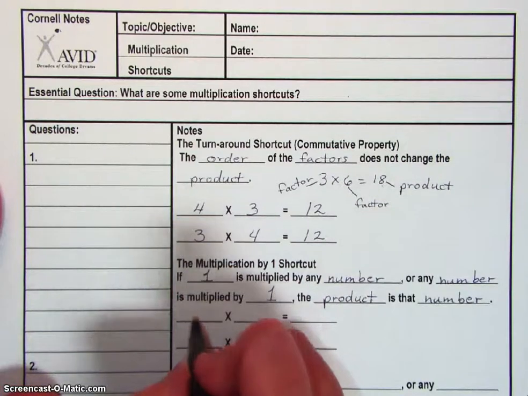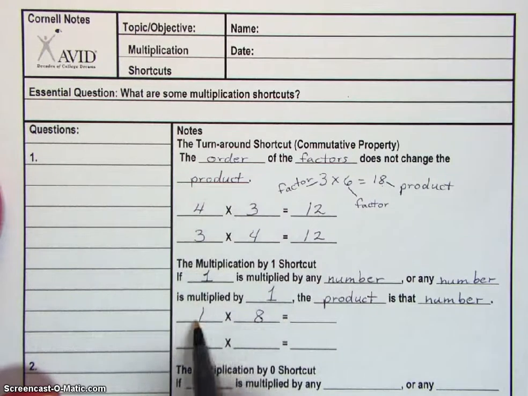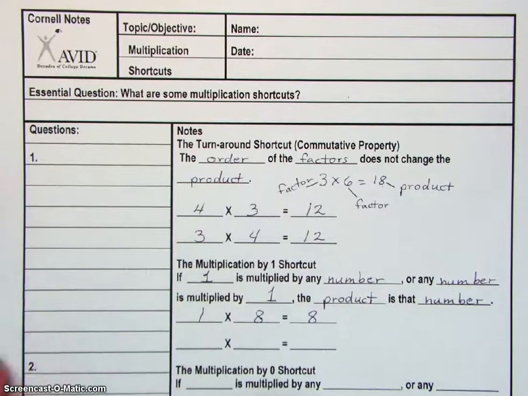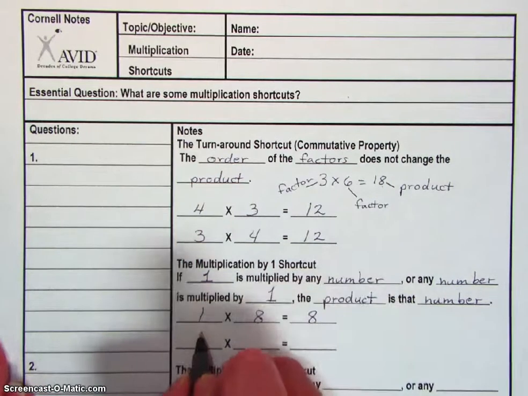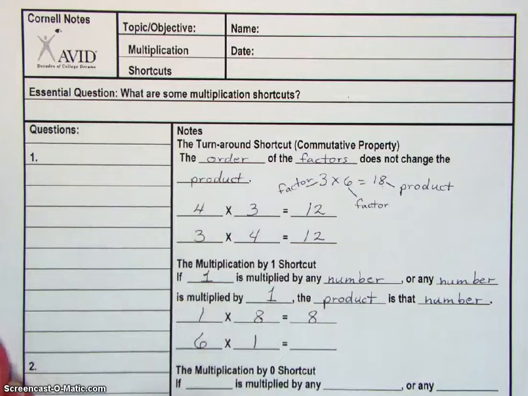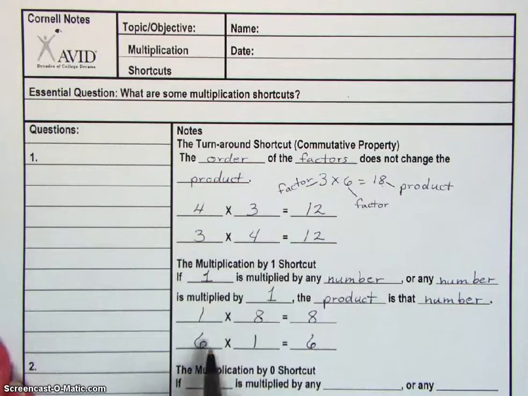So here's an example. If I have 1 times 8, 1 times any number, my answer is going to be that number. So it's going to be 8. Or if I take any number and I times it by 1, I'm going to end up with that number again, 6. So any number times 1 equals itself.